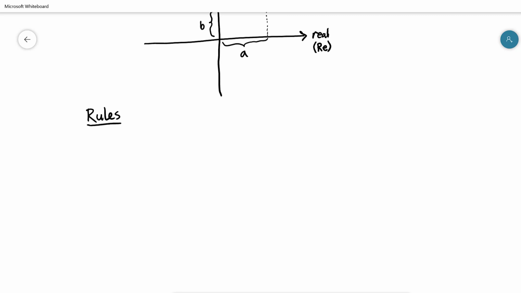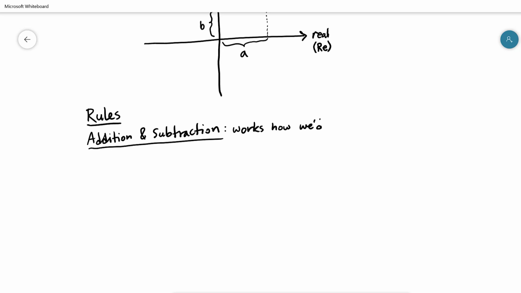So, for example, addition and subtraction works how we'd expect.